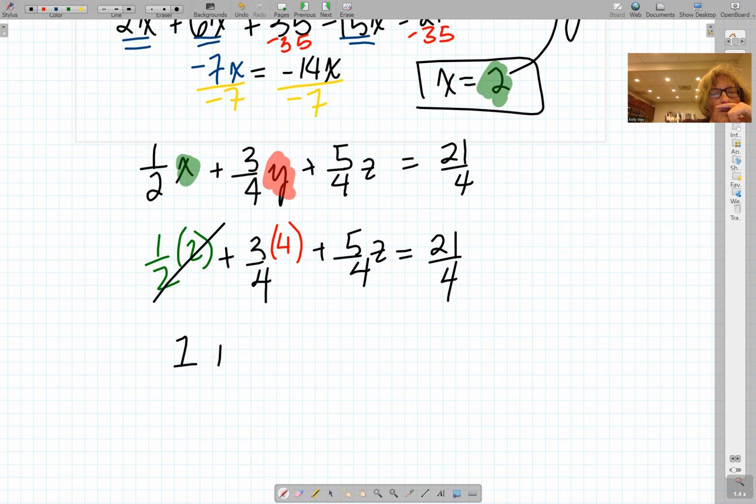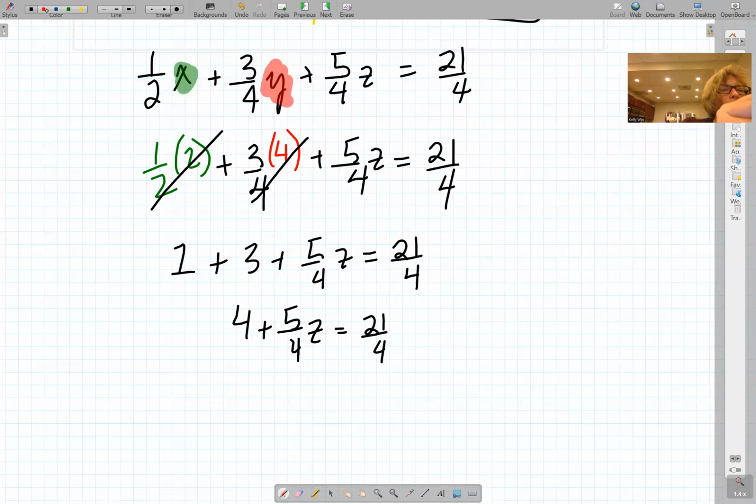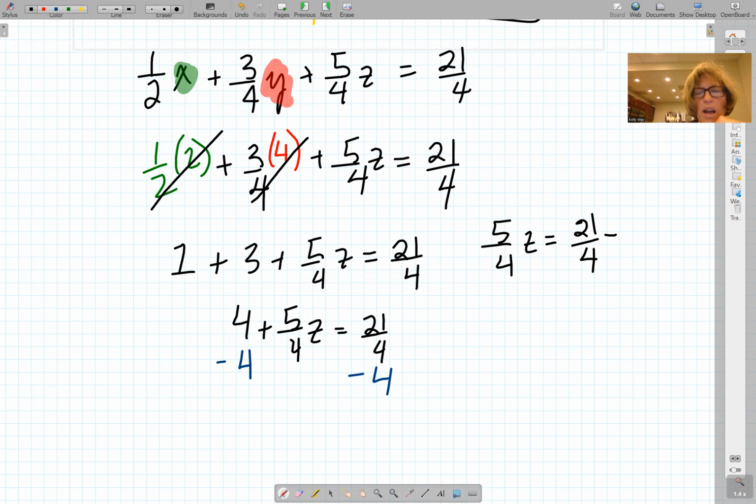This becomes 1, 3, plus 5/4 z equals 21/4. We're going to minus 4 from both sides. So 5/4 z is going to be 21/4 minus, changing that to a fraction, 16/4.